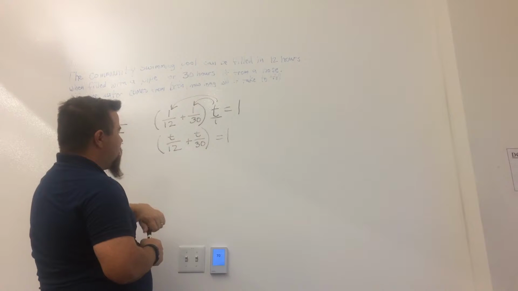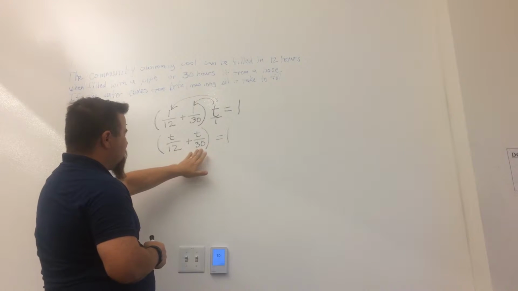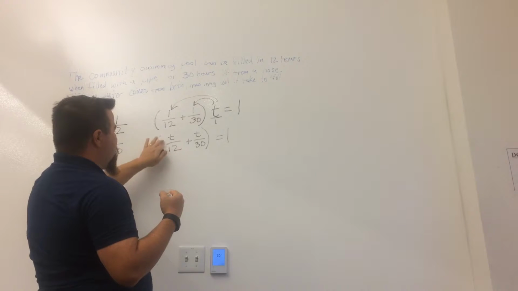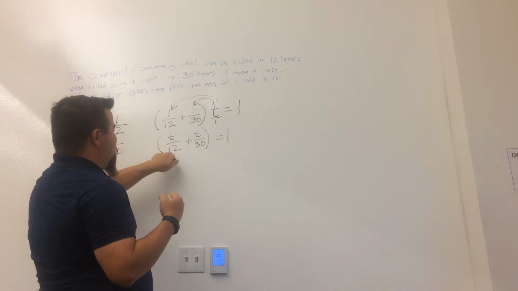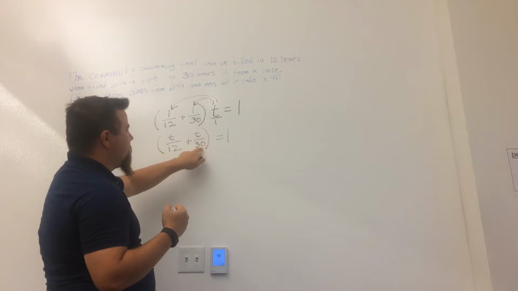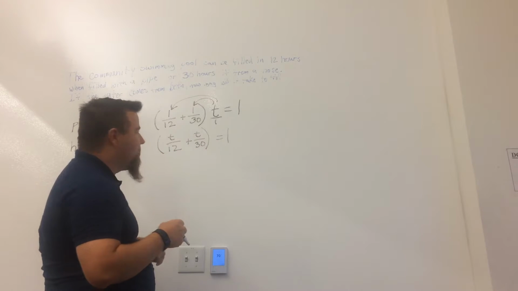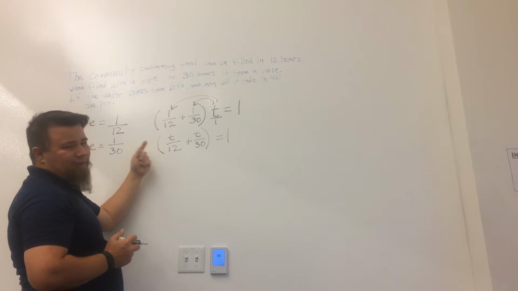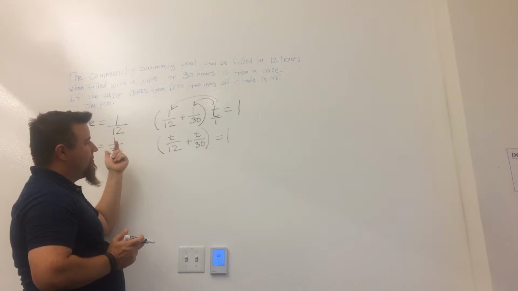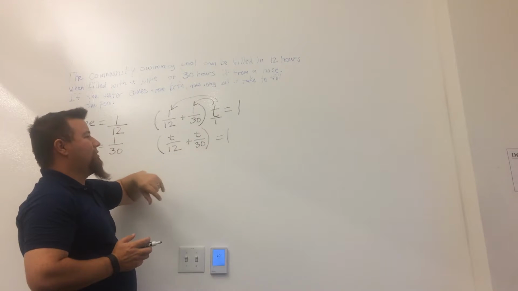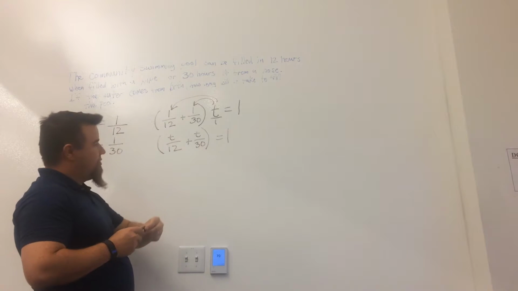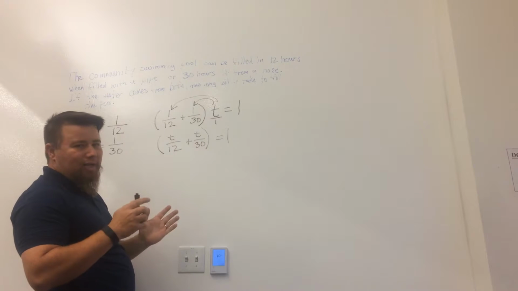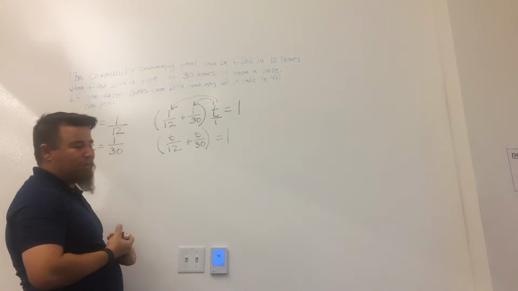In order to do that, we're going to figure out what 12 goes into and what 30 goes into to make them the same. I know that 12 times 5 is 60, and 2 times 30 is 60, so we can make 60 the denominator on both sides.